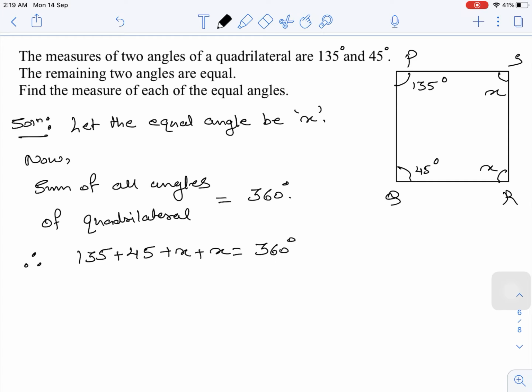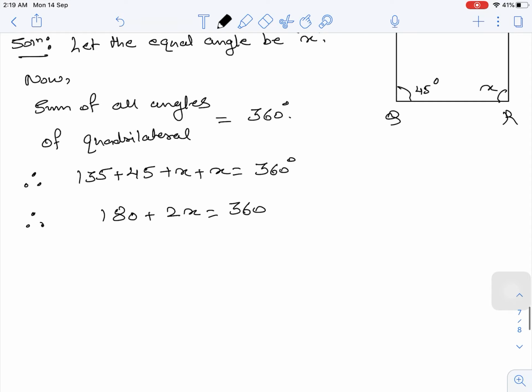Now we can add these numbers. 135 plus 45 will be 180 and x plus x will be 2x. So you will get 180 plus 2x equals 360. Therefore we'll change the side of this 180 first. So you will get 2x equals 360 minus 180.